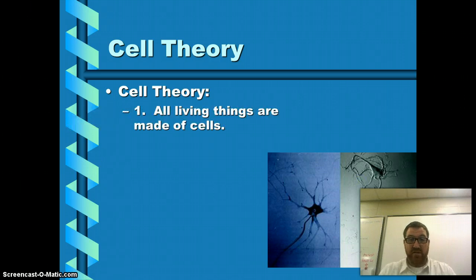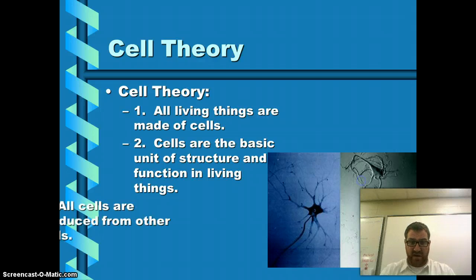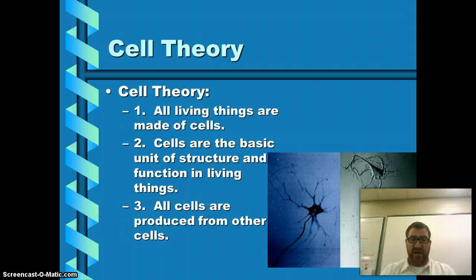The first part of the theory states that all living things are made out of cells. Part two is that cells are the basic unit of structure and function in living things. Simple enough, just your definition of cells. And finally, the third piece states that all cells are produced from other cells.